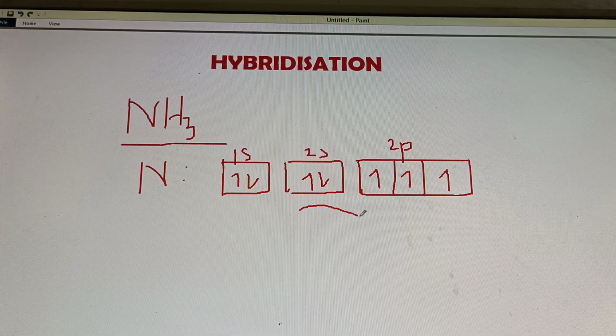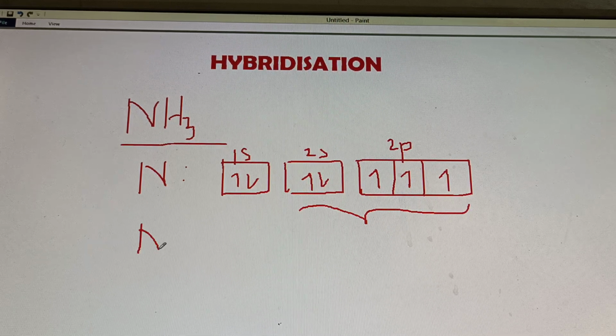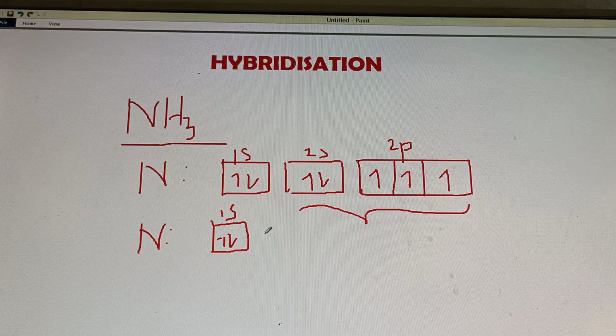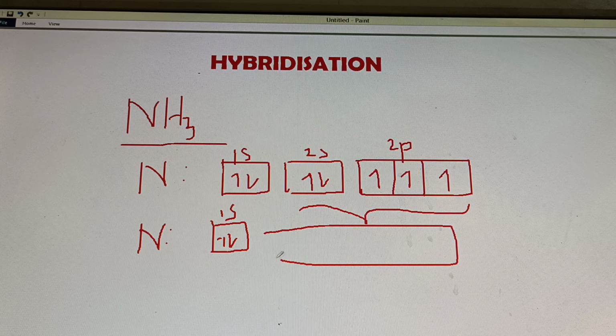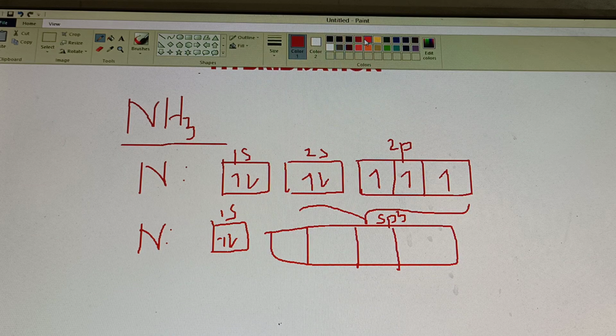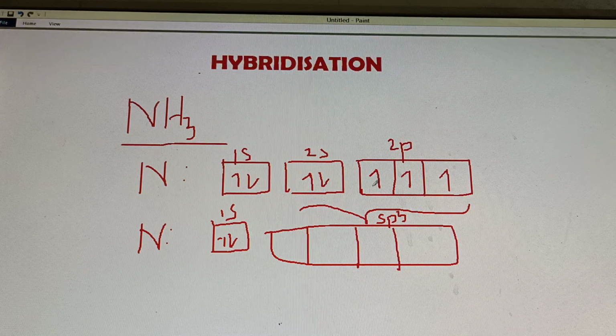Next, mixing will occur. This 2s mixes with the three 2p. After mixing, 1s has no effect, and four sp3 hybrid orbitals are formed. How many electrons are there before hybridization? 1 2 3 4 5.